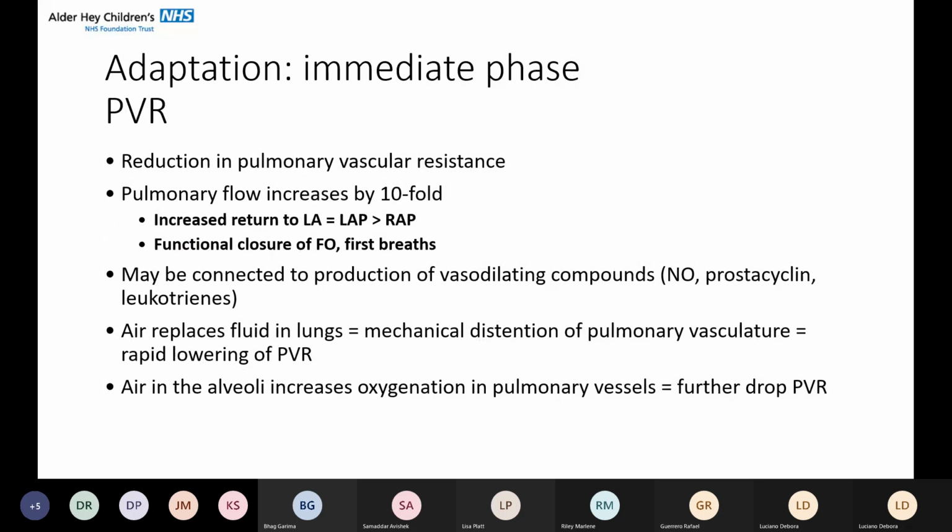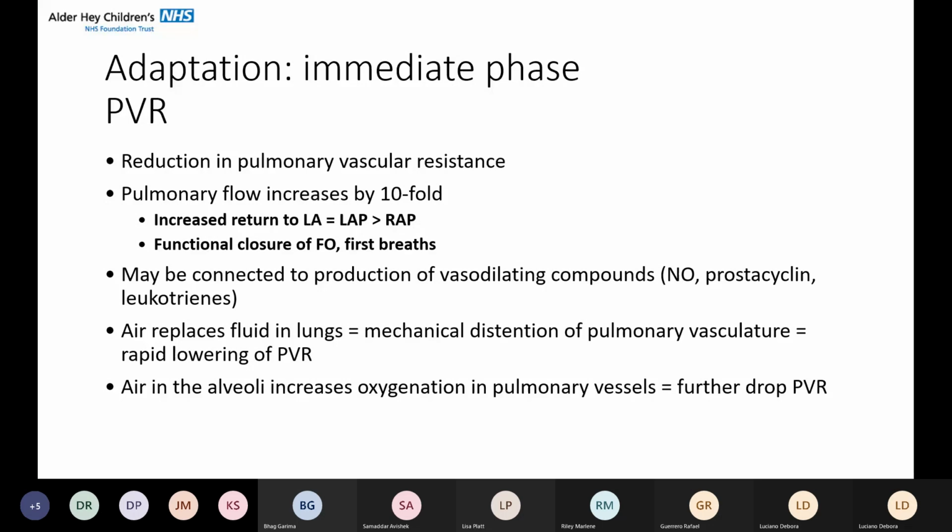And also during late gestation, there will be a gradual reduction in PVR. Once the lungs are expanded and pulmonary vascular resistance drops, there's an 8 to 10-fold increase in the pulmonary blood flow.